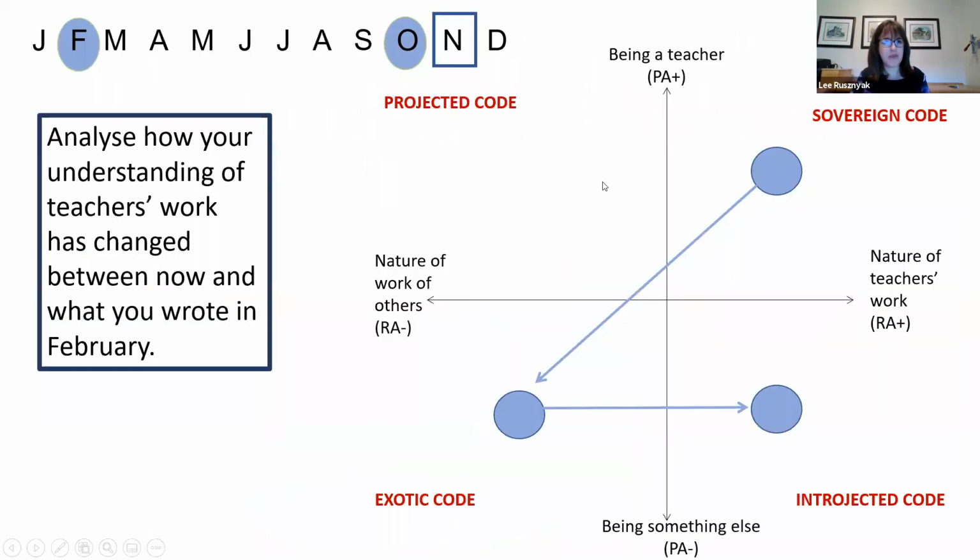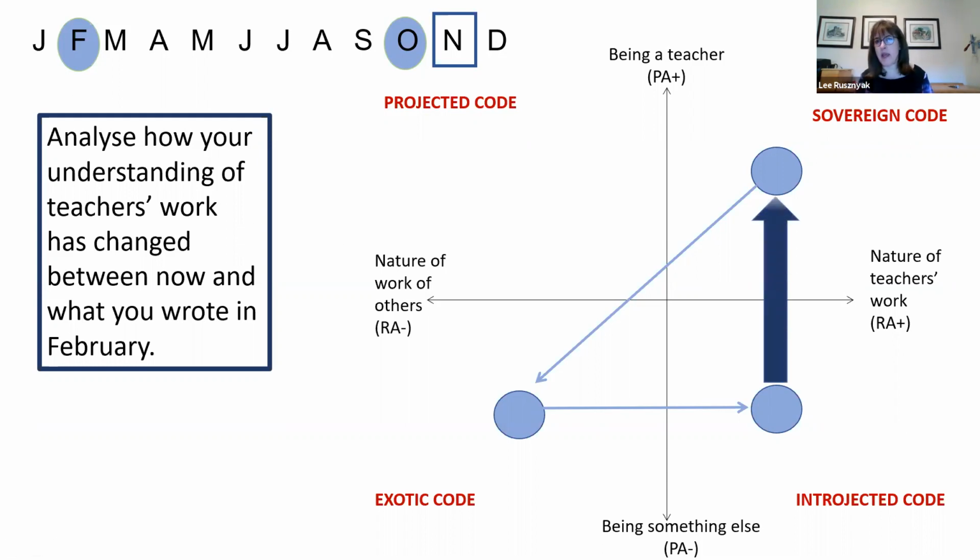And then what do we do? We ended in February in the introjected code. We get them to repeat the same tasks in October, and then their exam assignment, their final assessment task, is analyzing the shifts in their own constellations of being a teacher.